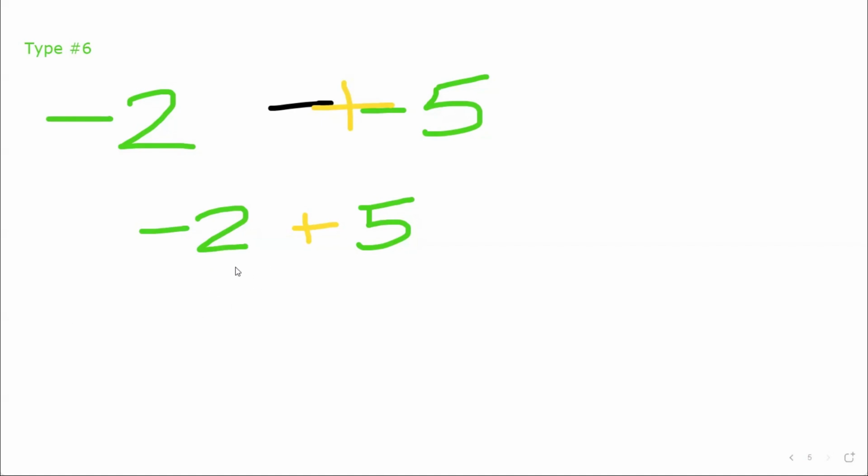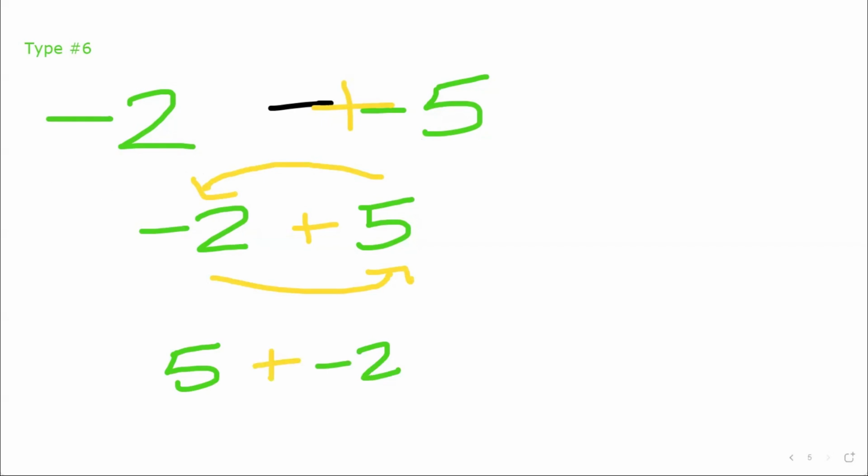So if the negative is out front, we know that we can use the commutative property, right? Flip these around. And then what we'll have is 5 plus -2, right? Then we know that we can combine these.